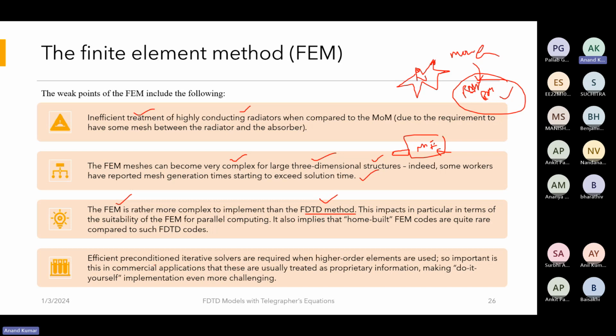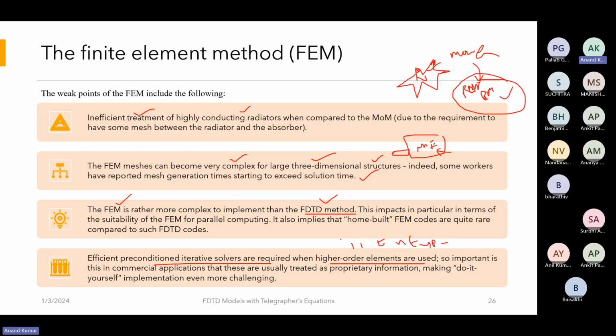And efficient preconditioned iterative solvers are required for higher order elements. So if you have more elements and if you are solving for more frequencies, since each frequency will take time t, if you're solving for n frequencies, it will become tn time. So you might have to do parallel computing and stuff, which is not really a one-person job.